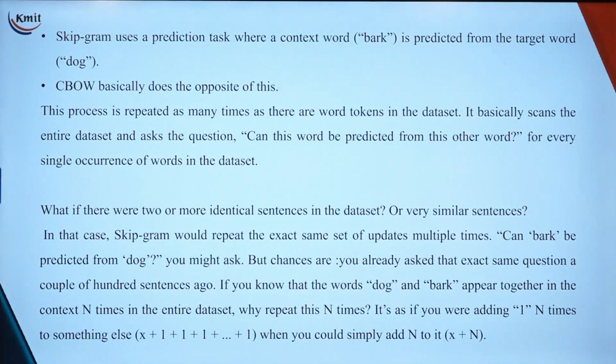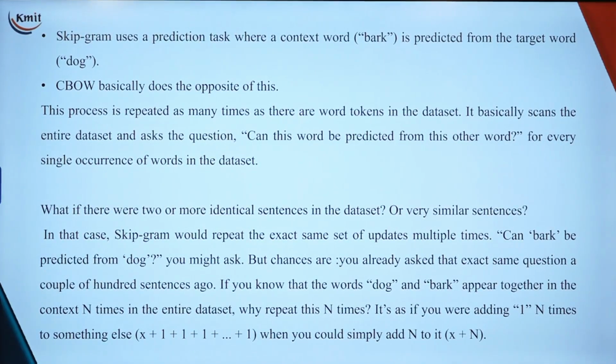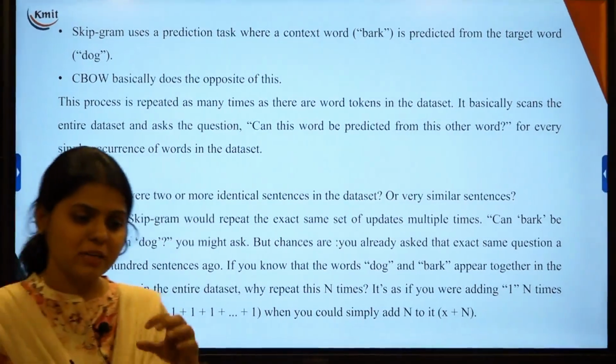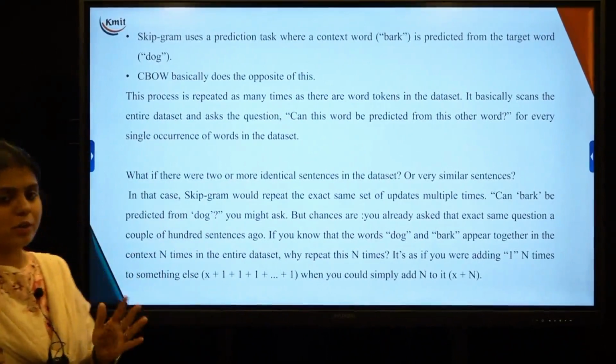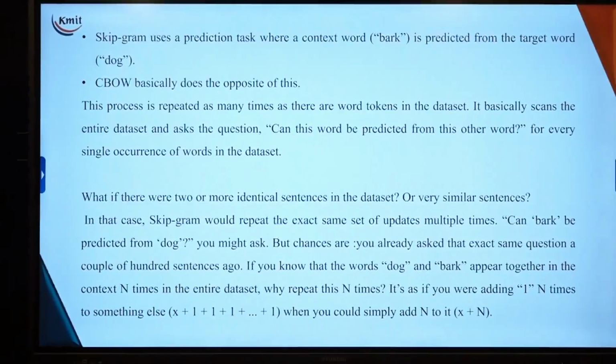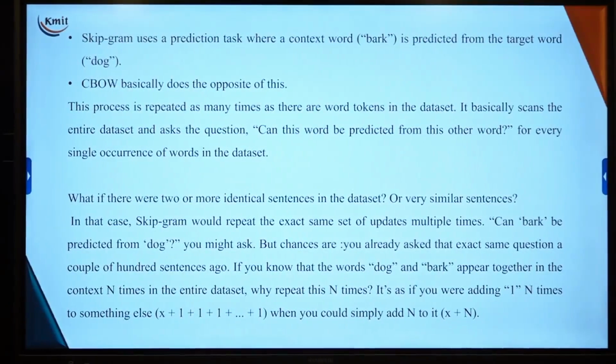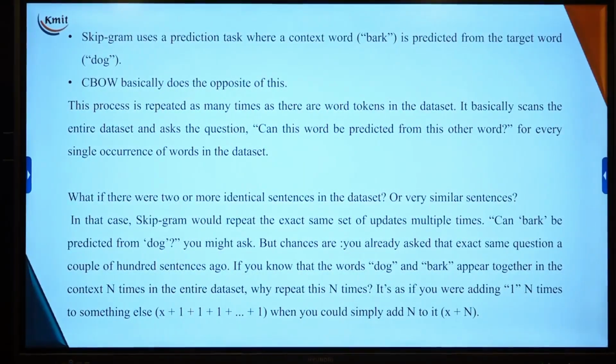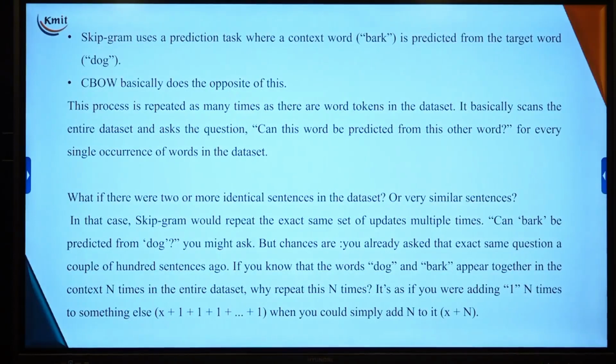Okay, so skipgram uses a prediction task where the context word is predicted from the target word, right? So we have seen in the skipgram model the context word will be predicted from the target word, and the vice versa was for the CBOW model. Now in case of skipgram, the process will be repeated many times as there are word tokens in the data set.